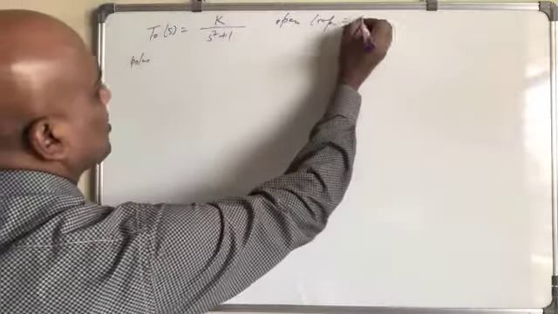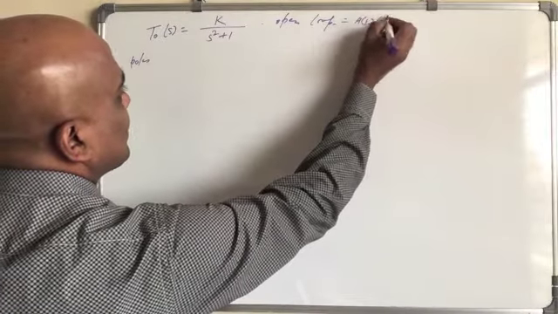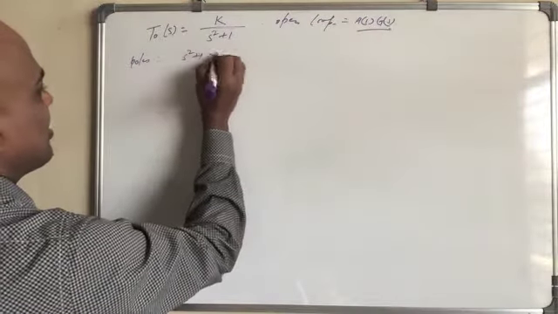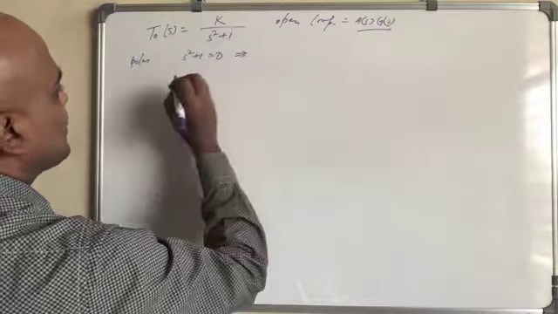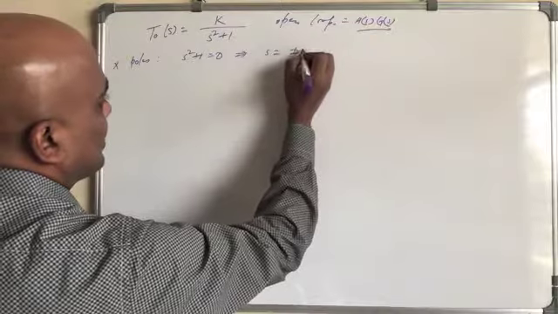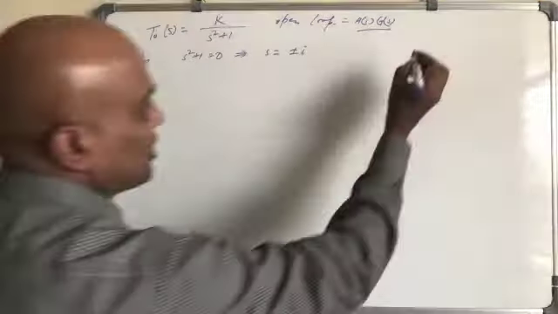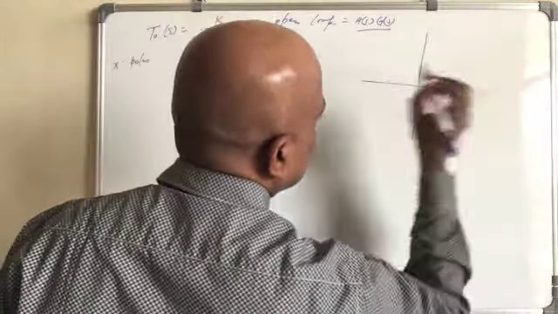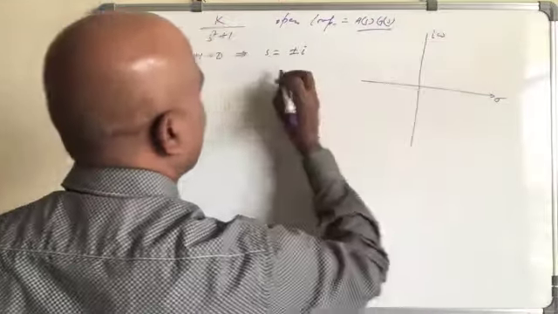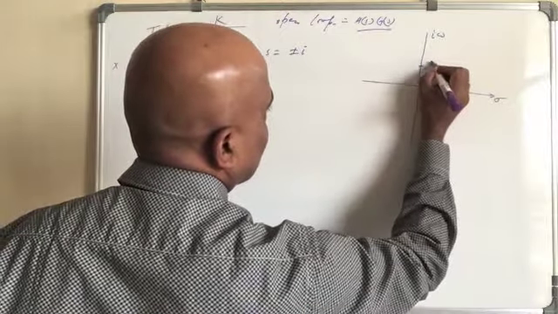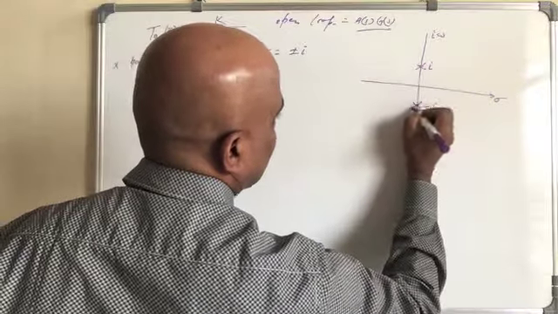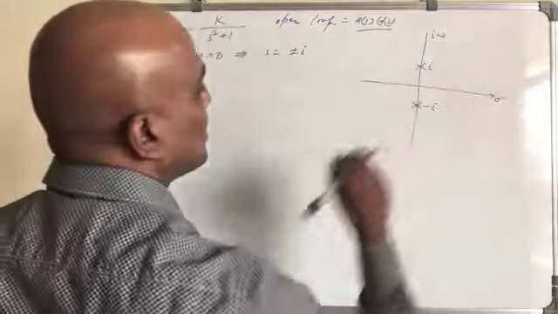Equal to H of S times G of S as we discussed earlier. So the poles will be S square plus 1 equal to 0, and hence S equal to plus minus i. If you look at the sigma and i omega plane, we get i here and minus i here, and these crosses are the poles.